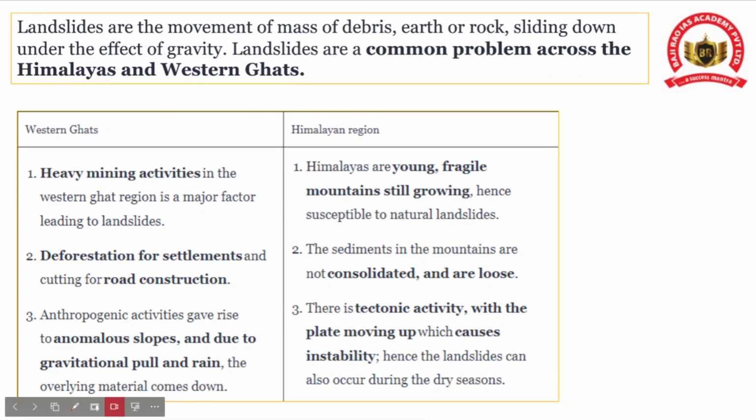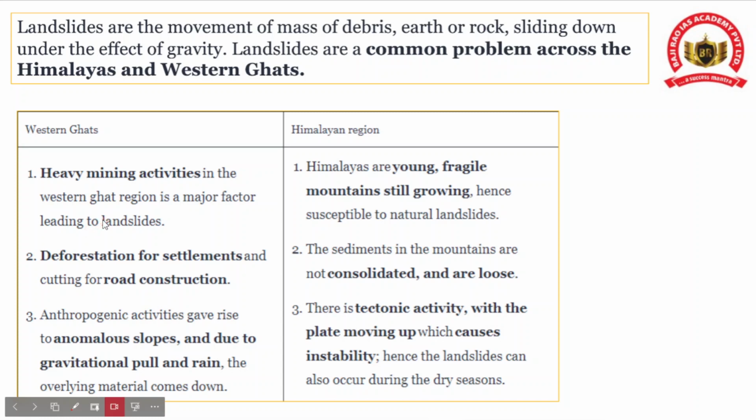Very often there is a loss of lives because of landslides. Now, we need to differentiate between the landslides which occur in the Western Ghats and the Himalayan region. The first point is that heavy mining activities, which usually take place in the Western Ghats, are one of the major factors leading to landslides.